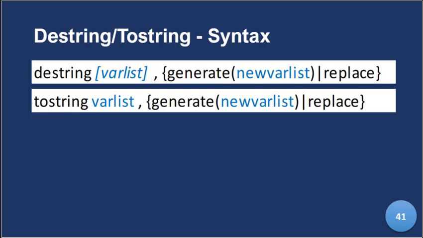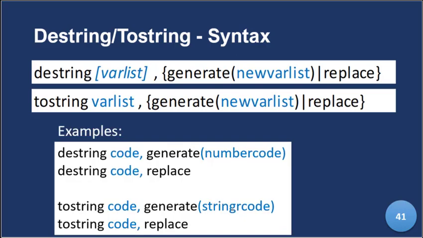Tostring var list, you will now generate a new variable, or you replace. I will also try to show this in the practical session. So let's look at this. If I say destring code, that means the code is in red, and it will now generate a number code. But if I say destring code, replace, we don't have an extra variable.